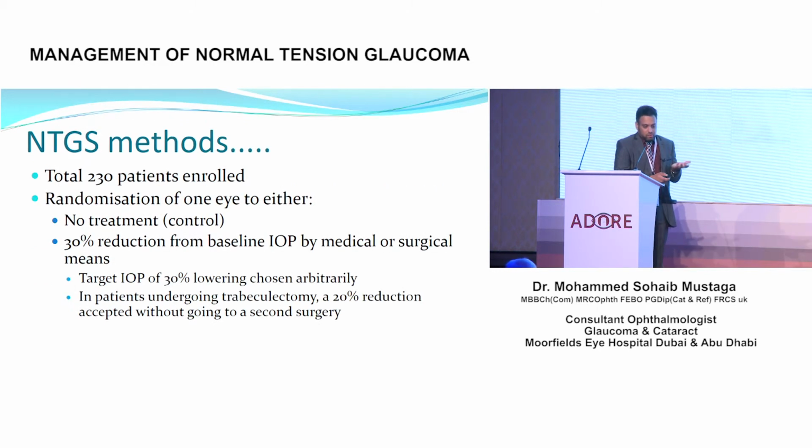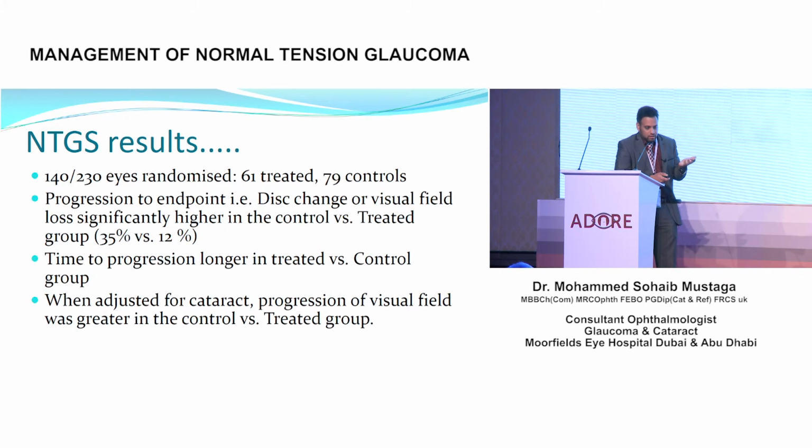So 230 patients were enrolled, in the no treatment group and the treatment group, which were put in the arm where you reduce the IOP by 30%, which was an arbitrary figure that was selected, and also in trabeculectomy patients a 20% reduction was accepted without undergoing a second surgery.